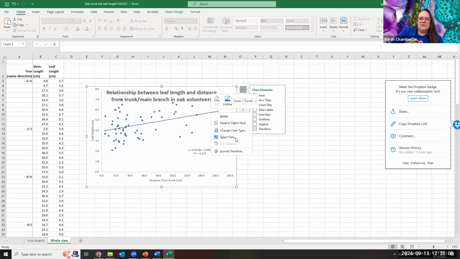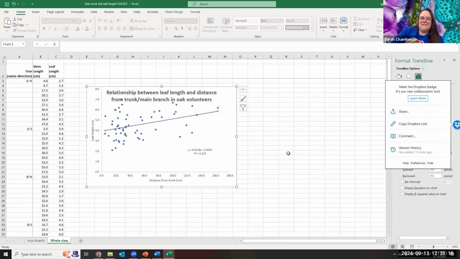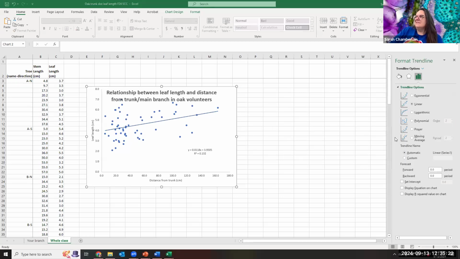Somebody's good at using Excel. Chart, trend line. Trend line. Here? Ah, thank you. More options. And over here, somebody's good at Excel. Can you help me teach all my classes? That's handy. So there it does the linear and automatic, and then you can see where it says display equation on chart.